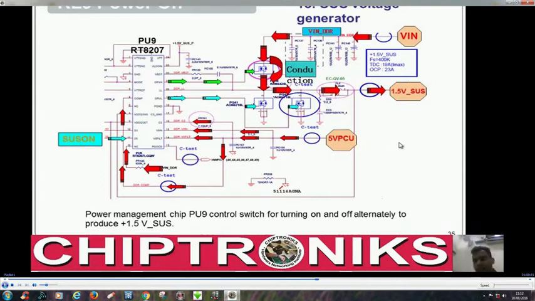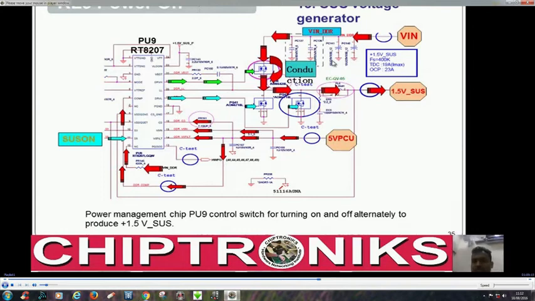So if we follow the sequence and if we know the correct working of any regulator, we can solve at least 95% of problems, because most of the problems on the notebook motherboard are due to regulators or due to the components surrounding the regulator.